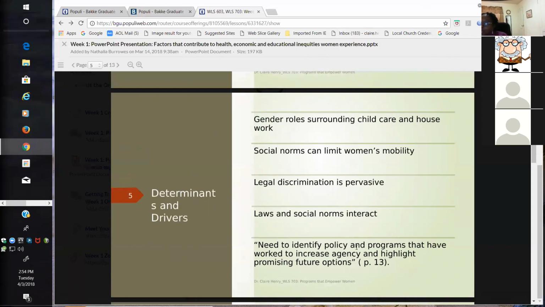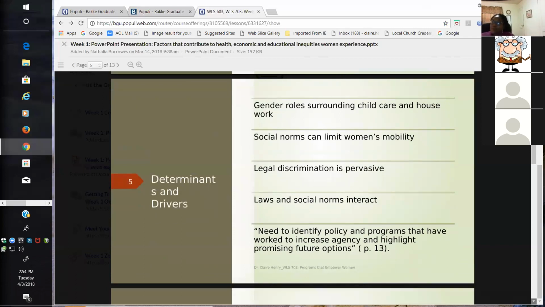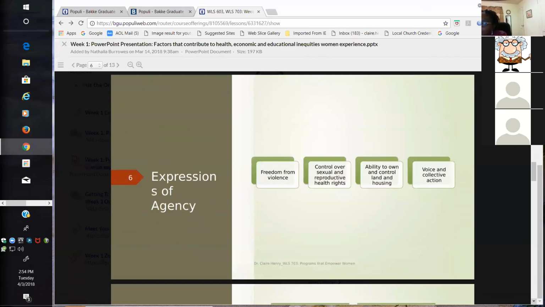So we need to identify policy and programs that have worked to increase agency and highlight promising future options. And this is from Voice and Agency. Expressions of agency: freedom from violence, control over sexual and reproductive health rights, the ability to own and control land and housing, and voice and collective action.